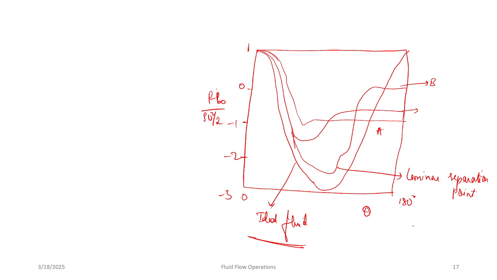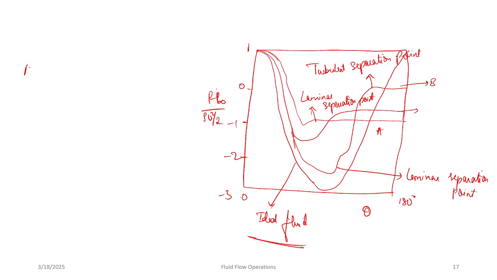This is how it looks, and this is for... let me just write it down. Laminar separation point. Okay. So this is for different conditions.